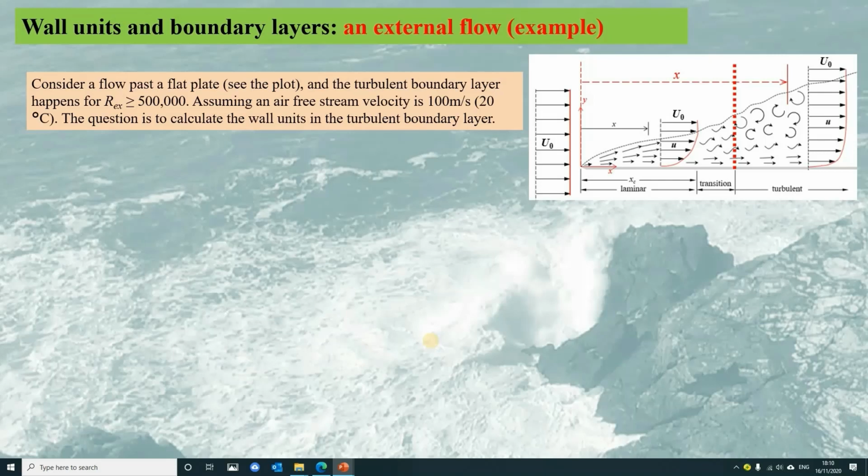In here, we examine an example to see how we can assess the wall shear stress, the turbulent boundary layer thickness, and the total wall unit in the boundary layer based on the relevant flow condition. That is, the flow Reynolds number.